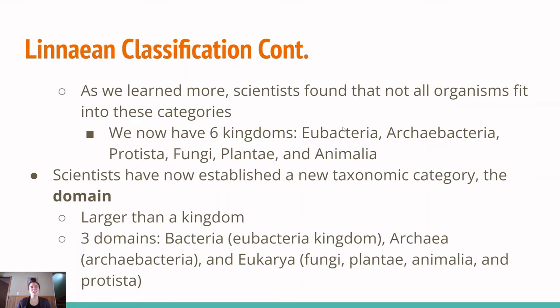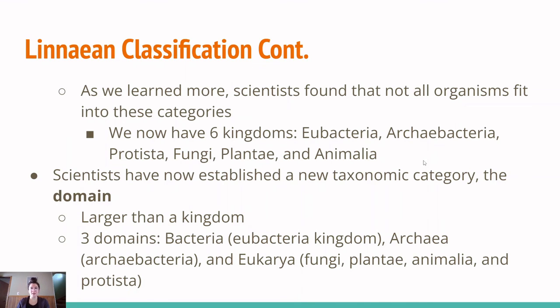And so 6 kingdoms is kind of a lot. Scientists now have added another taxonomic category just to narrow things down even more. So we don't have to jump right to the kingdom. We can start with what we call a domain. A domain is larger than a kingdom, and we have 3 domains: bacteria, archaea, and eukarya. The bacteria domain is just the eubacteria kingdom.